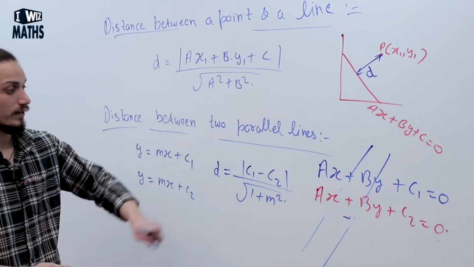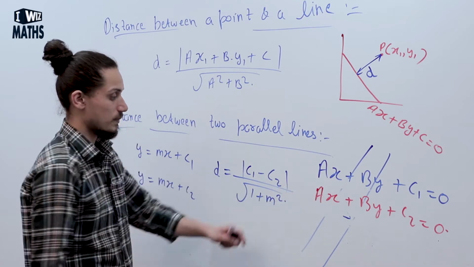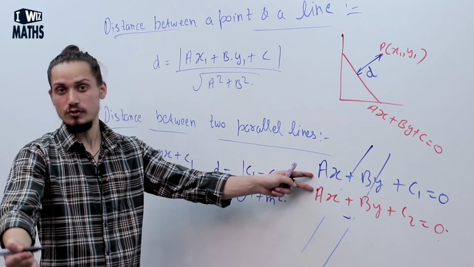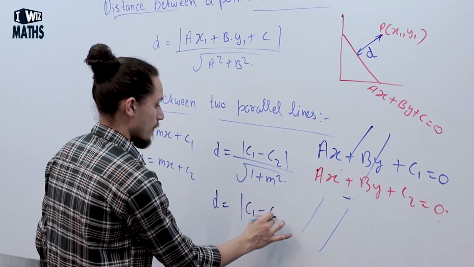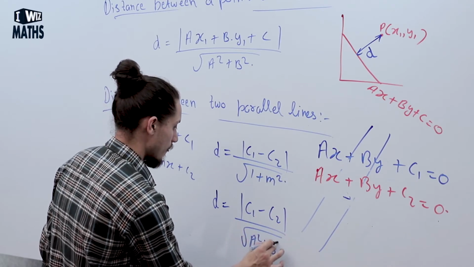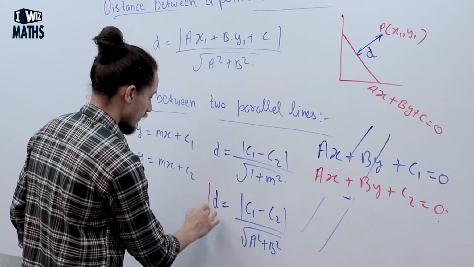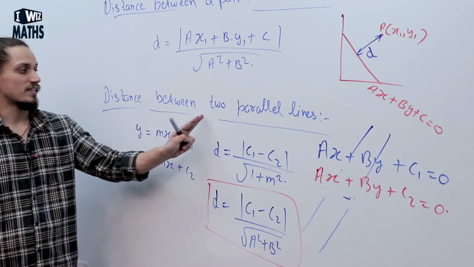So distance between these two lines will be equal to, ये फॉर्मूला भी चलता है but we need to simplify it in the form of general equation of line. So we'll write d is equal to mod of c1 minus c2 upon under the root a square plus b square.